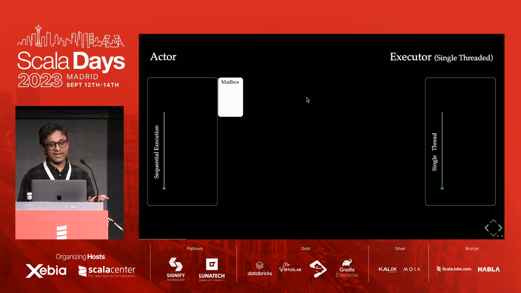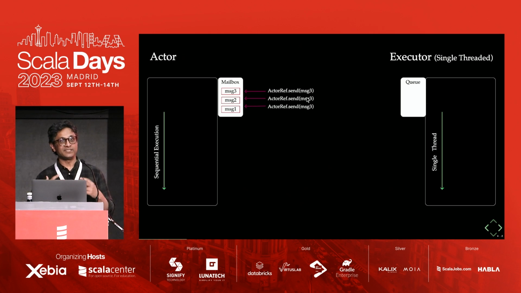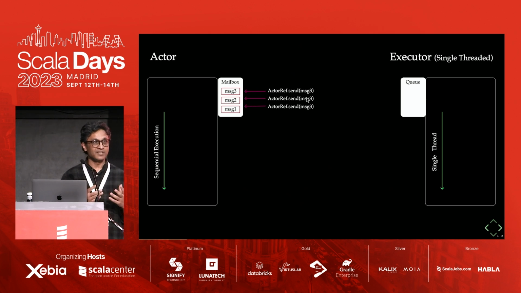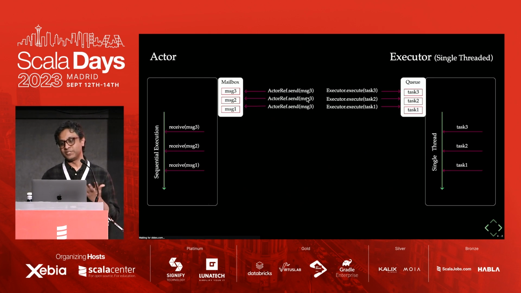You need a mailbox for an actor, but there is already a queue provided by the executor. Basically, it is internal to the implementation. You need a send method, which will take messages and put them in the mailbox concurrently, and it has to be thread safe. That is also given by the API, because the executor has an execute method where, instead of messages, you put tasks, which are like functions, and they go and sit in the queue. An actor needs this sequential scheduling, which is also given by the executor. So there is a lot of similarity, and we'll make use of that.